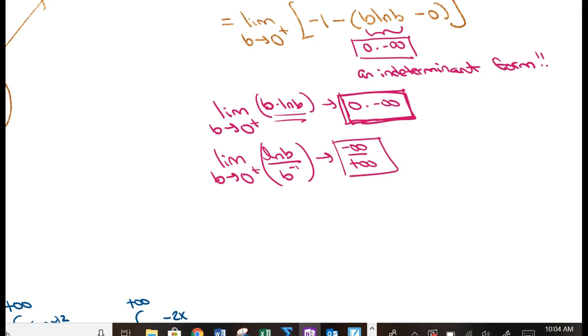I have an indeterminate form that allows the use of L'Hopital's. L'Hopital's rule says that if your limit is approaching infinity over infinity or 0 over 0, you can take the derivative of the numerator and derivative of the denominator and evaluate the limit that way. This becomes now an exercise in accuracy.